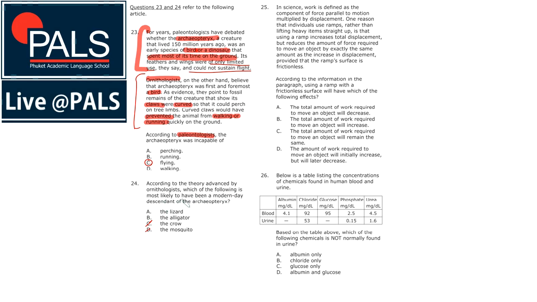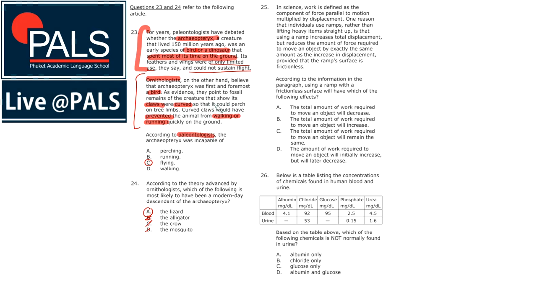Which is most likely to have been a modern-day descendant of the Archeopteryx? It's probably the lizard. Makes most sense, although it's not a very good question because it doesn't really relate to any of the information.